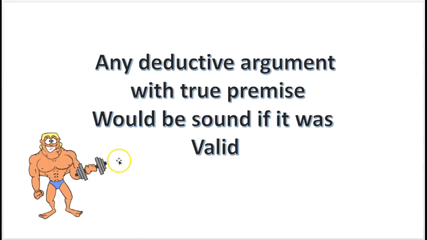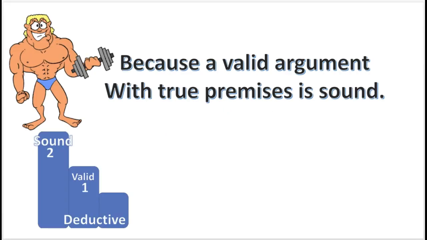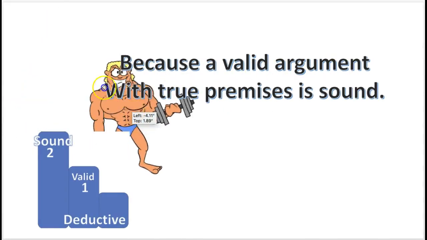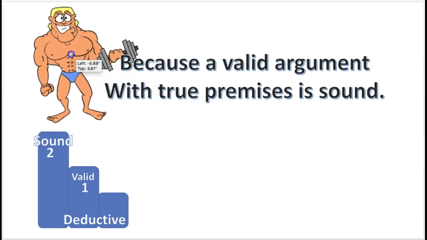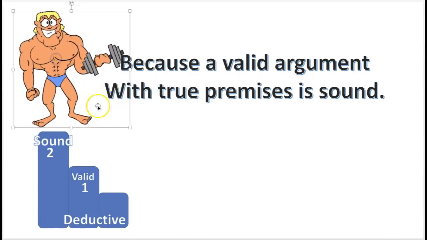Now remember, any deductive argument that has true premises would be sound if it was valid. That's because if you get a valid argument, the next step is to check if the premises are true, and then it would be sound. So a valid argument with true premises is sound.